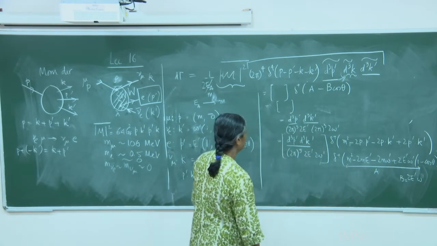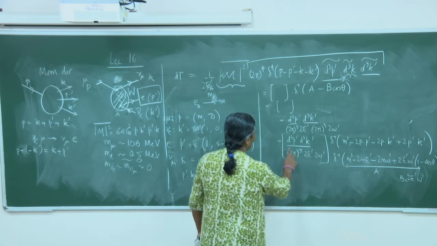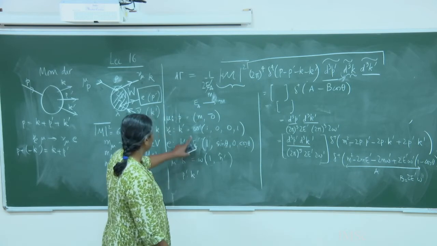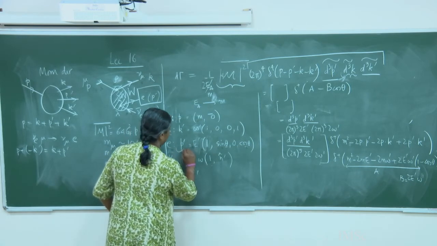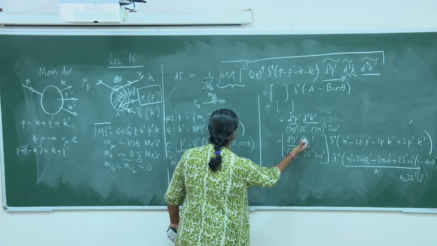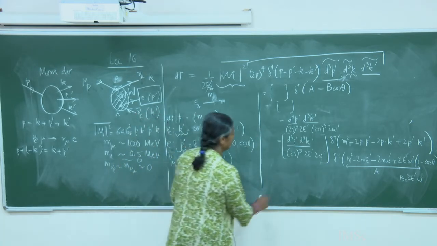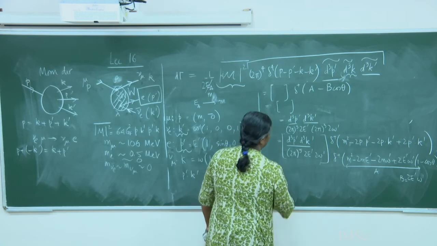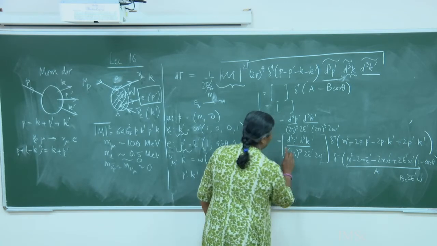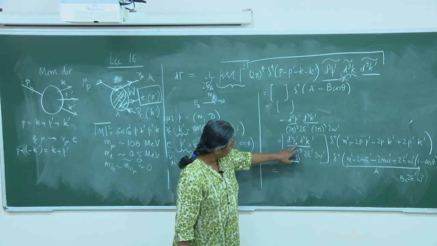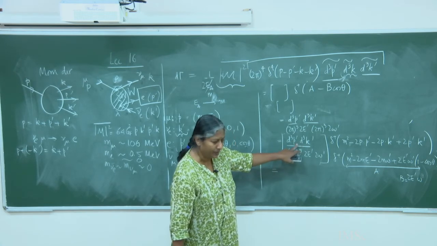Now I can do the cos θ integration. So I have to find where in this portion I have a cos θ integration. Now let me look at p′. So p′ will have the cos θ integration, but let me just write down both d³p′ and d³k′. What is d³p′? It is p′² d cos θ dφ for p′, right?